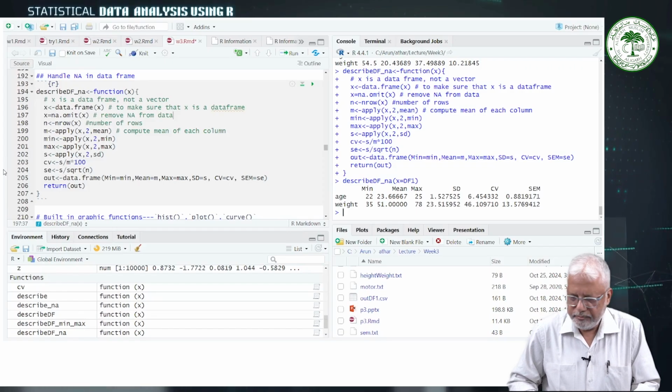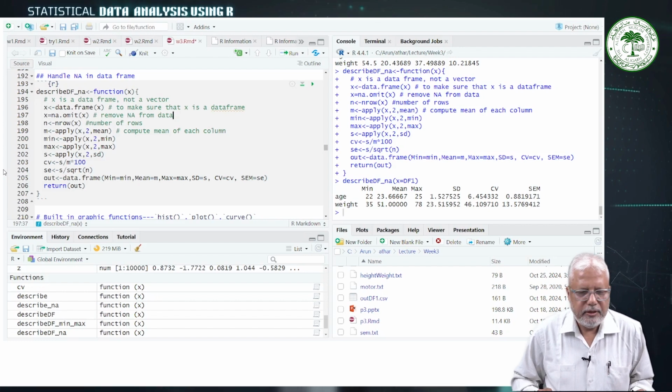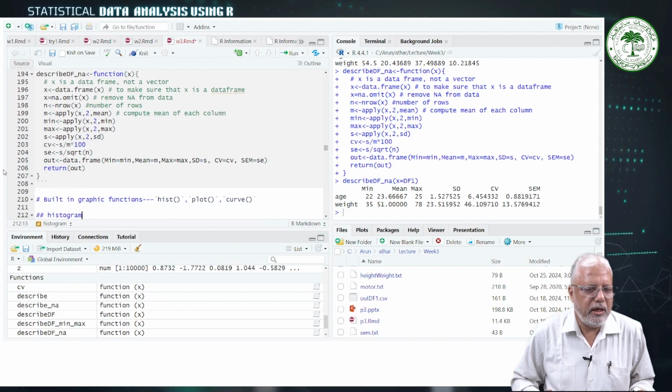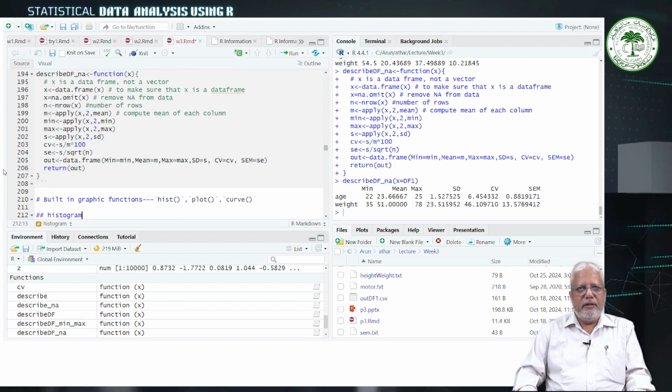My dear participants, now I am going to talk about graphics, base graphics. Actually, there are mainly three graphics. One is base graphics, which were developed by Robert Gentleman.